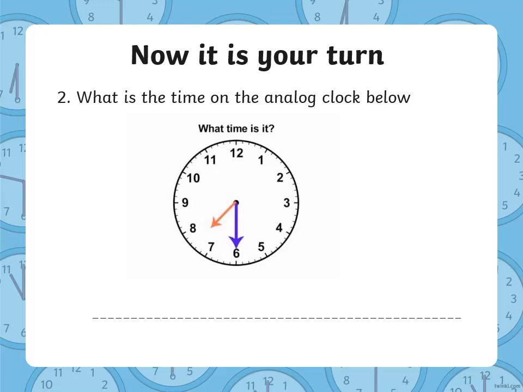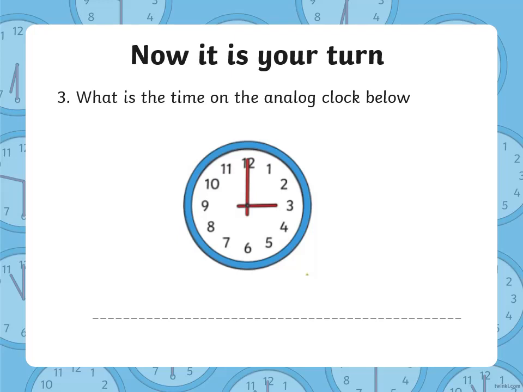That's right, we're going to be looking for the word half. And what will it be? Will it be before or after? That's right, we'll be using the word past because it will be half past something. I wonder if you can work it out on your own.